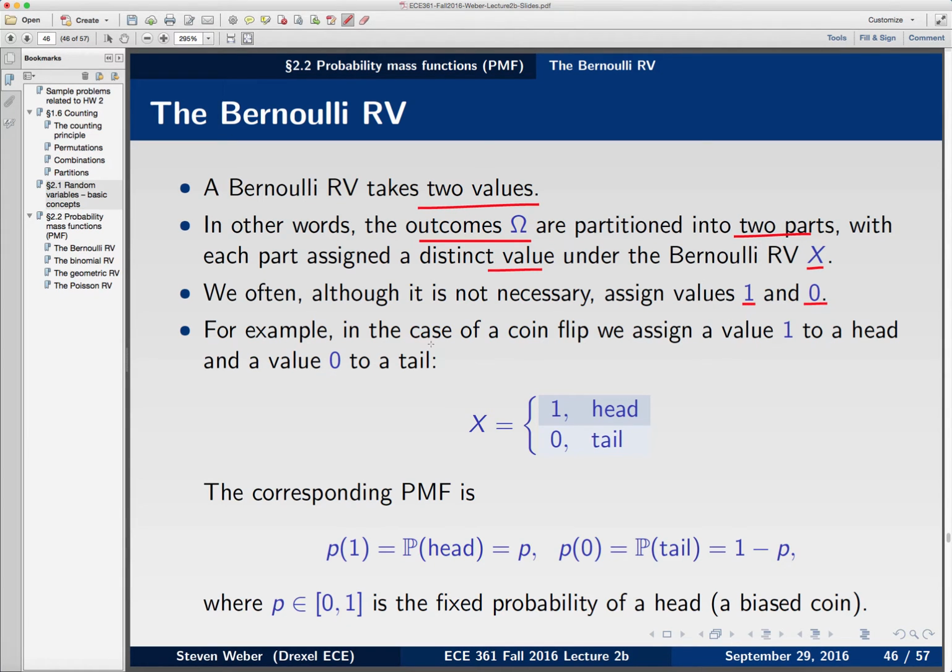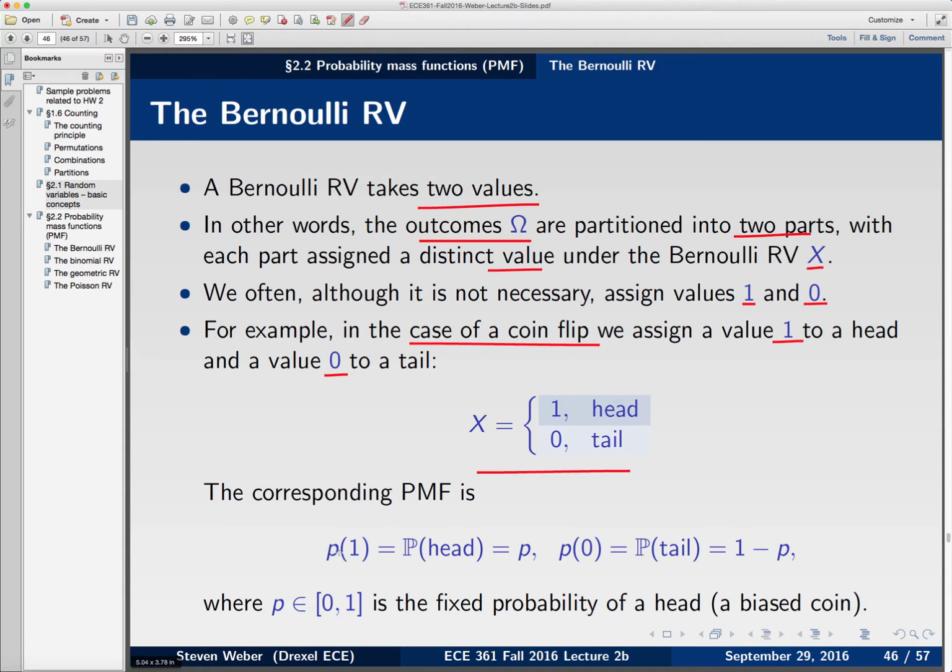For example, in the case of a coin flip, we assign the value 1 to the outcome of the random experiment being a head, and the value 0 when the outcome is a tail. As written here, x is a 1 when omega is a head, x is a 0 when omega is a tail. Labeling 1 as a head and 0 as a tail is not essential. It could be the other way around. It could also be two other numbers. But it turns out, for most purposes, this is a useful definition.